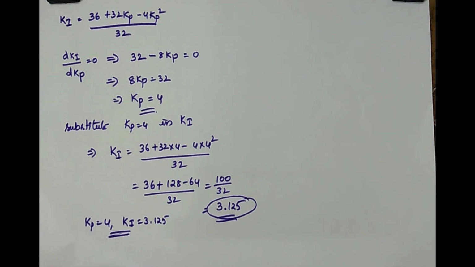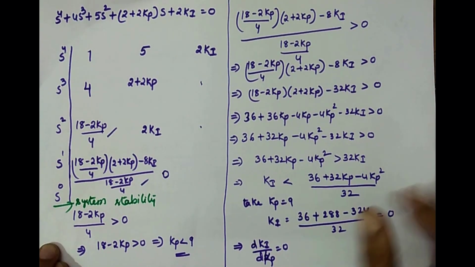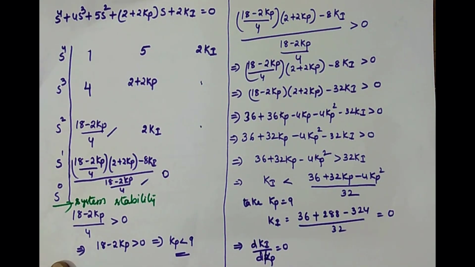If you substitute Kp equal to 4 and Ki equal to 3.125, all the first column of the Routh array are non-zero with no sign change. So the system is said to be stable for the values Kp equal to 4 and Ki equal to 3.125.